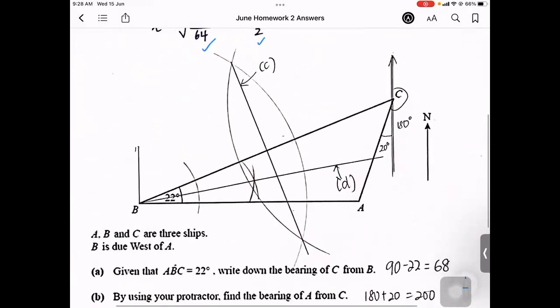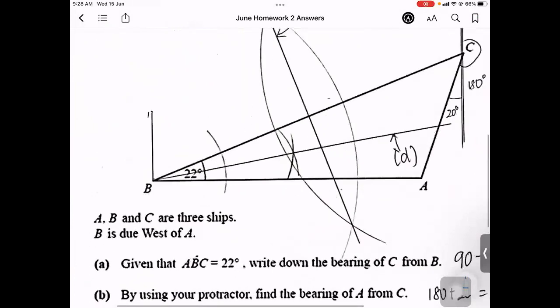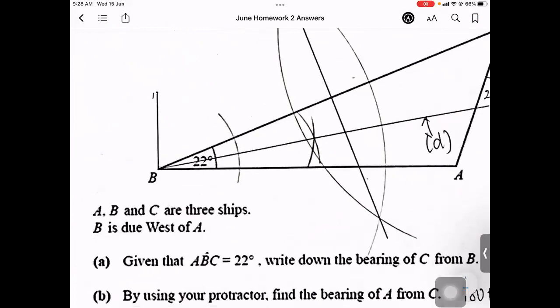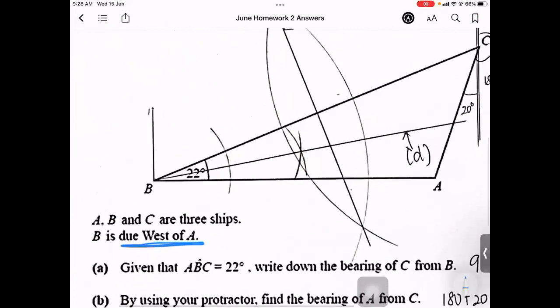Next one. Okay, the question over here says A, B, and C are 3 ships. First part, it says B is due west of A. What do you mean by west of A? West of A means my north down here. West means this one over here will be 90 degrees. Okay, on the north, south, east, and west.